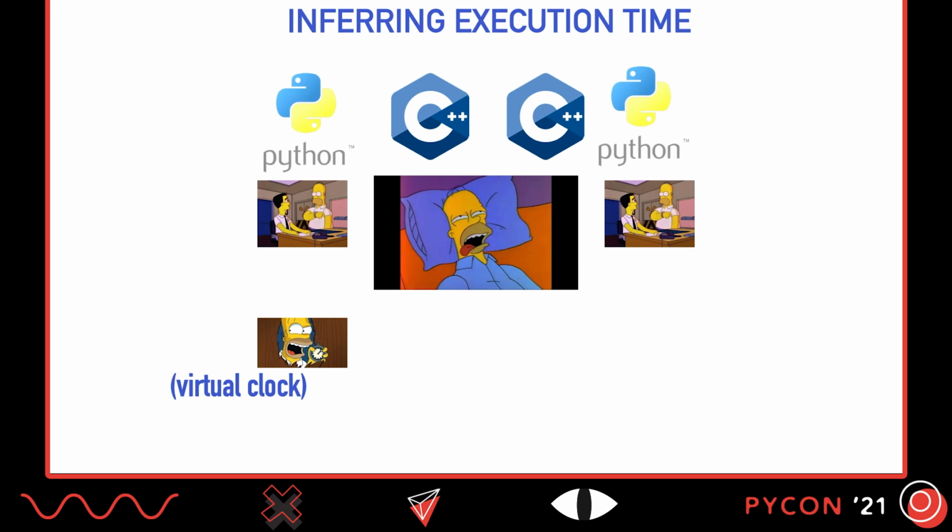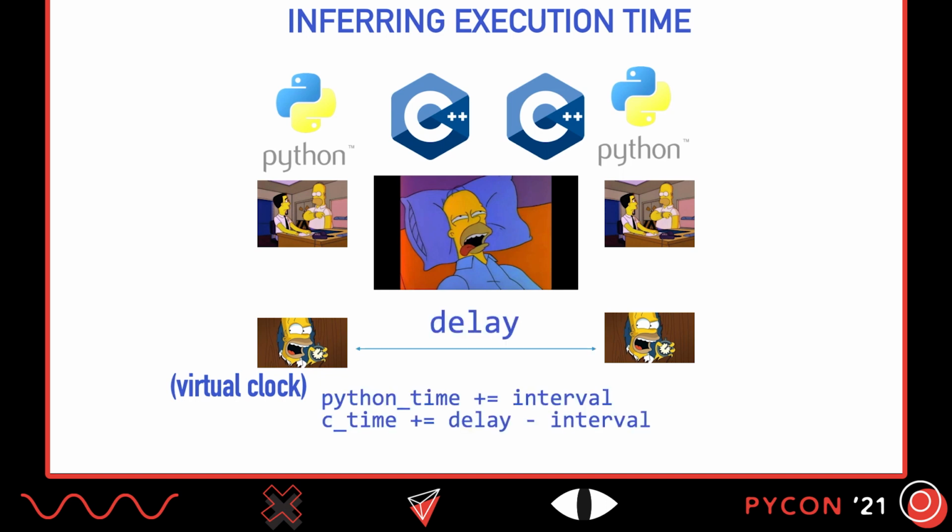It does this by checking the current time, and here we're looking at the so-called virtual clock, that is to say, the time spent when the process is actually scheduled for execution. Then, when it gets another signal, it checks again to see what the time was. And it turns out that you can then accurately say how much time was spent in Python and how much time was spent in native code.